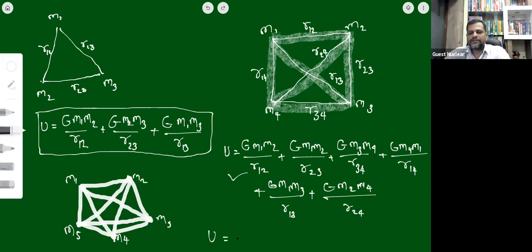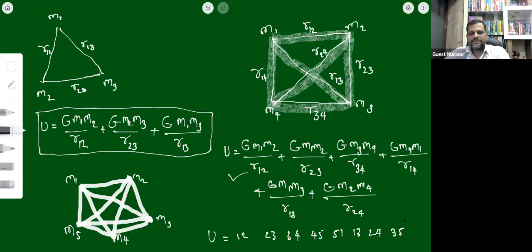We can denote these terms by: the 1 2 pair, the second will be the 2 3 pair, the third will be 3 4, the fourth will be 4 5, then 5 1, then 1 3. Okay, look carefully, a pair of 1 3 will be formed. Then which other? See, a 2 4 pair will be formed, correct? 2 4. Then it will be 3 5 also, correct? 3 5.